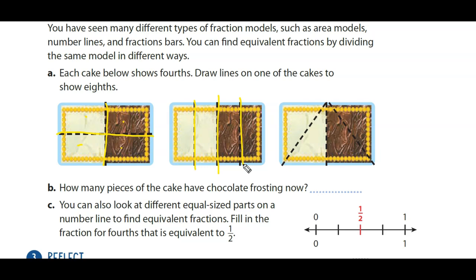Okay. How about this way? Yes, it is. This is a perfect square. So if I have a perfect square and I cut it diagonally, it's still a half. Okay. It's just that they're not perfect little rectangles like you see here or here, but it's still half.